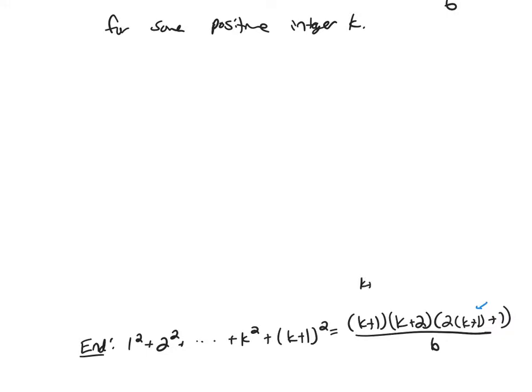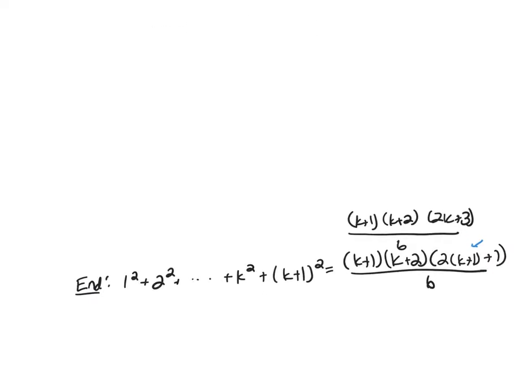Well, that's (k + 1)(k + 2)(2k + 3) over 6. Maybe I'll write that at the bottom, actually, just so I have the extra room.